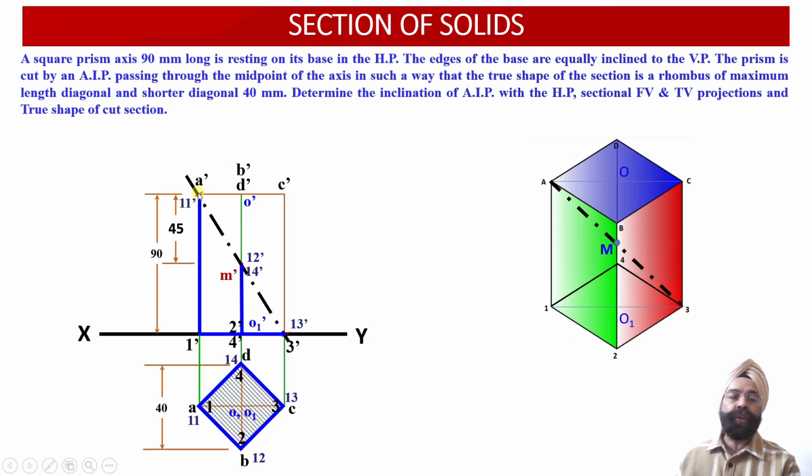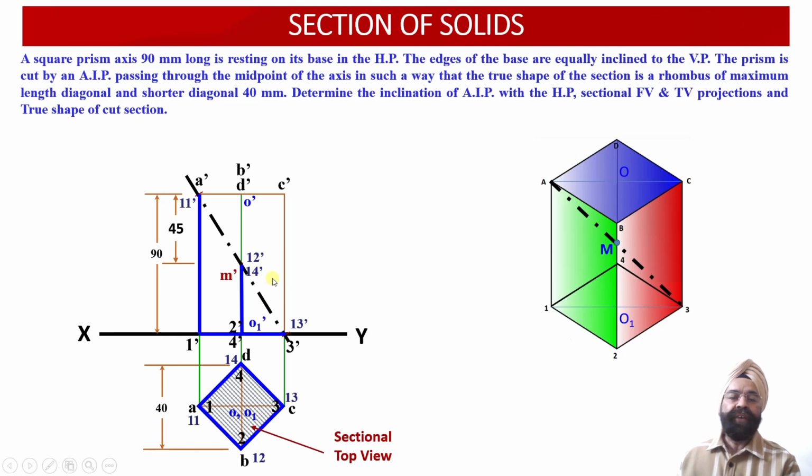So the top view projections corresponding to this cut section will appear as apparent shape projections in the top view projection over here. That is why the sectional top view projections which we have obtained over here represent the apparent shape projections of this cut section.